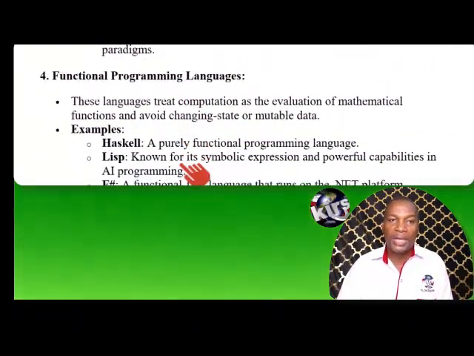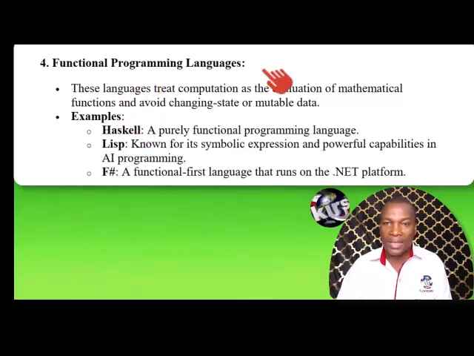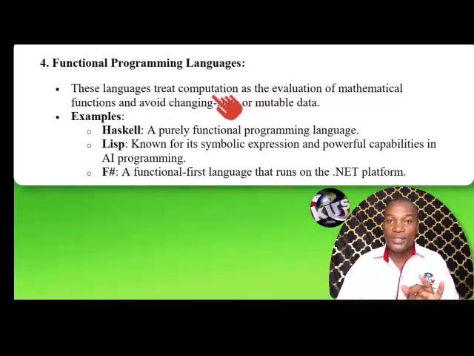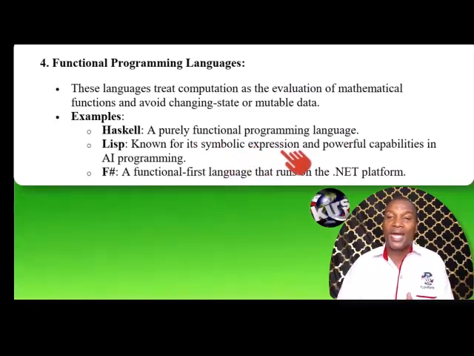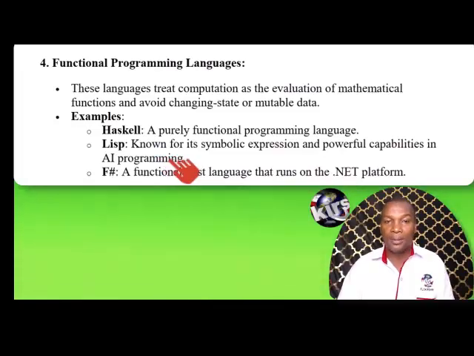Then we go to the next category, which we are referring to as functional programming languages. These treat computation as the evaluation of mathematical functions and avoid changing state or mutable data. Examples of these, we have Haskell, a purely functional programming language, and Lisp, known for its symbolic expression and powerful capabilities in AI programming.